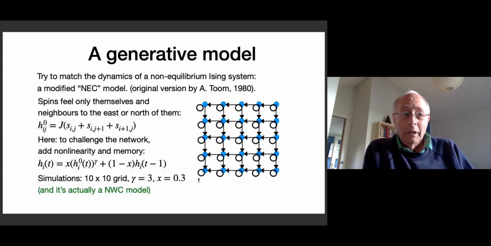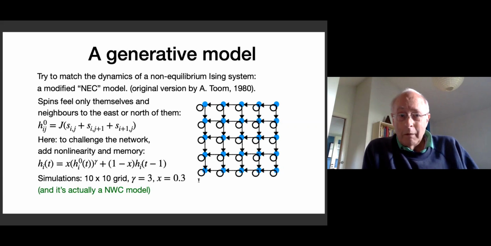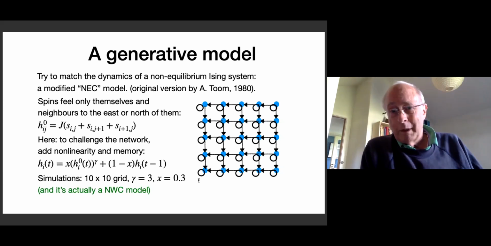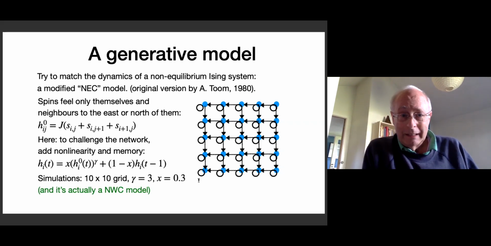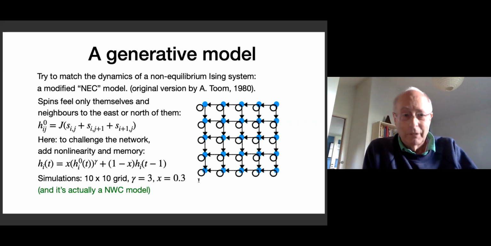So it's a 2D Ising system. Well, this isn't the version of it that was originally made, but it's close enough. The original version was by a guy named Tome, I'm not sure how to pronounce that. It's an Ising model with asymmetric bonds. So the spins feel only themselves and the neighbors to the east or north of them, so either above or to the right.